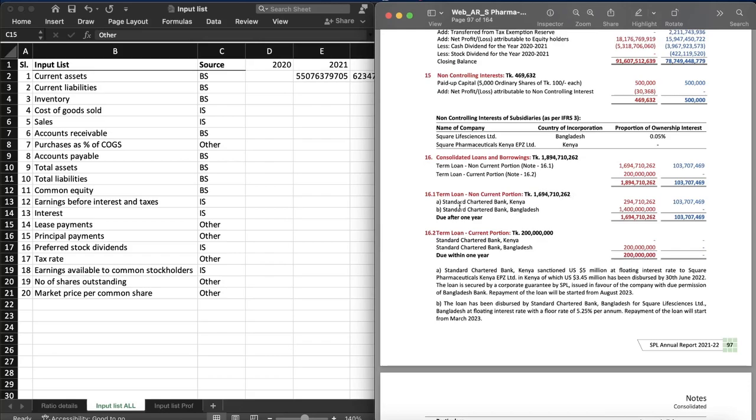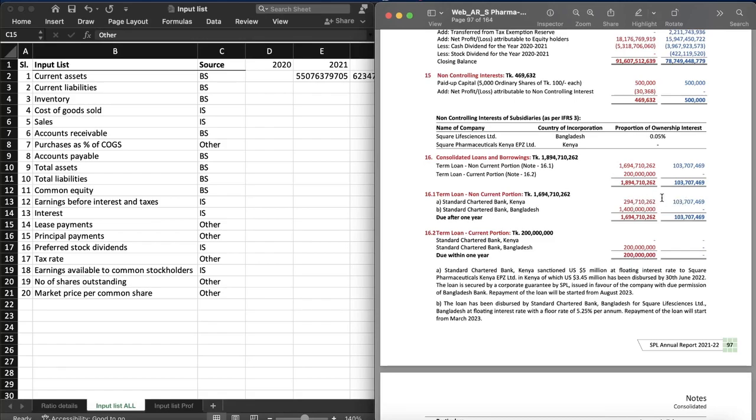They have one non-current term loan from Standard Chartered Bank Kenya, and another one from Standard Chartered Bank Bangladesh. So you can see their loan has increased over time. So you can actually find how much loan they have taken in this particular year.